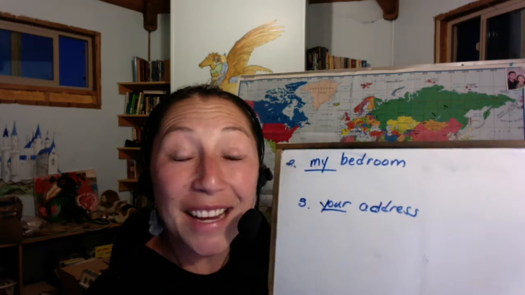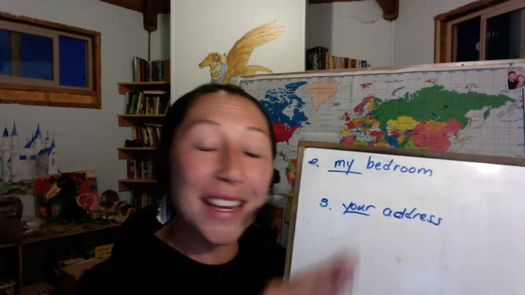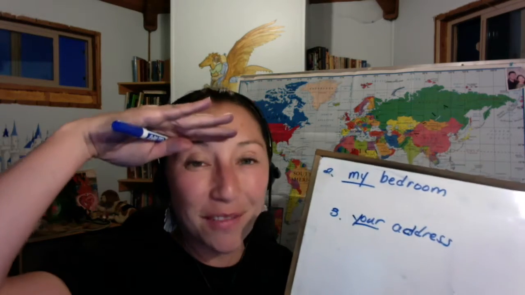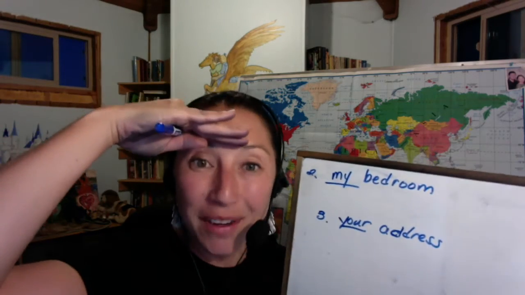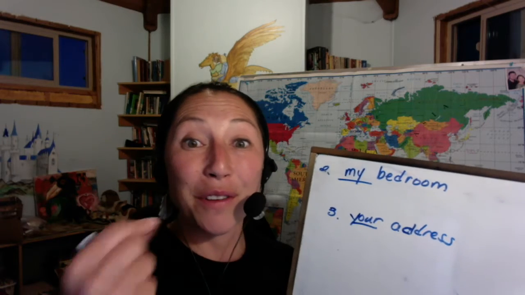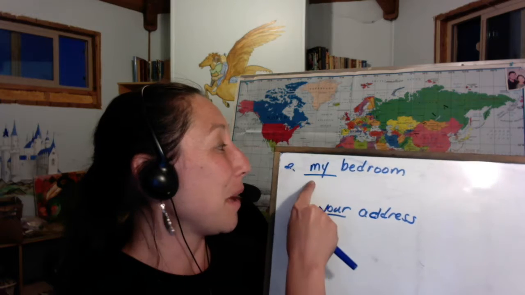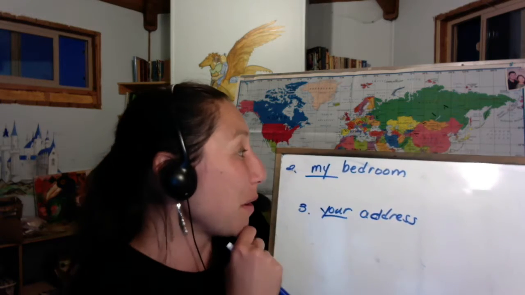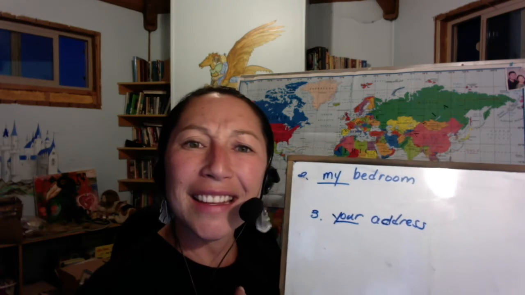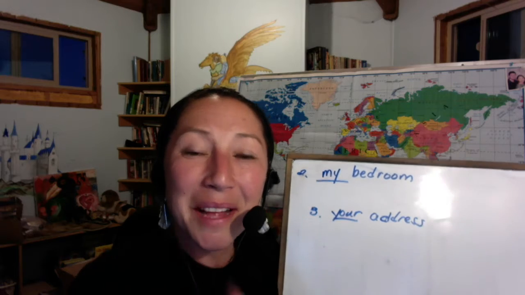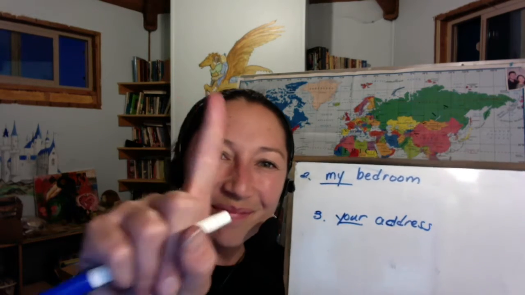When you correct, I don't want you to get fooled by any old pronoun. Right now we're specifically looking for possessive pronouns, things that answer the question of whose. So my is the pronoun that you underline. My answers the question of whose bedroom. So my, is that singular or plural? Well, how many of me are there? Just one.